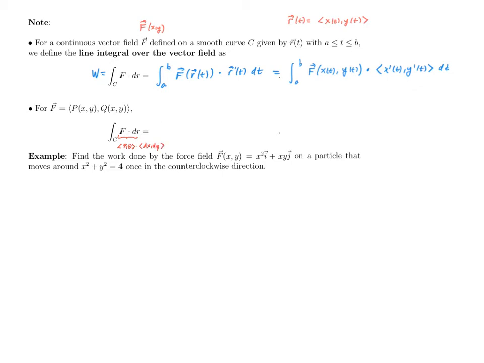So notationally, this is equivalent to the line integral over C, and if you evaluate that dot product, you get p dx plus q dy, which is something we will encounter multiple times, and hence you will get multiple reminders in upcoming sections.